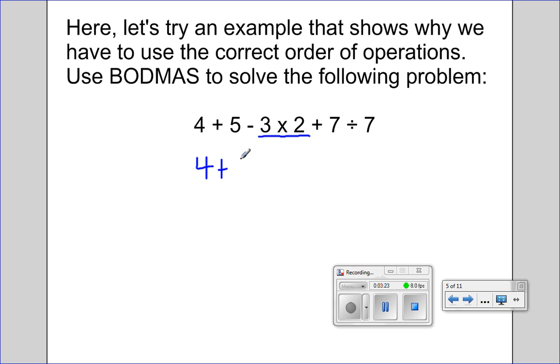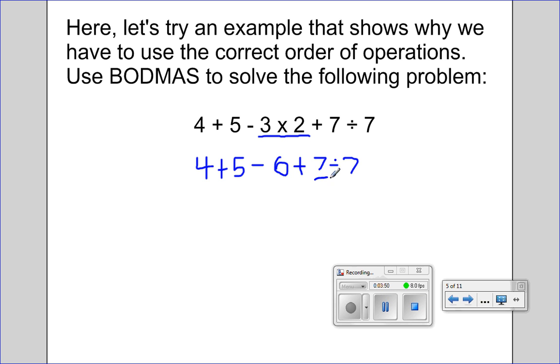So I'm just going to rewrite the problem, except here I'll take care of 3 times 2, which is 6. And you're probably saying, hey, Brian, we've got 7 divided by 7. You're right.